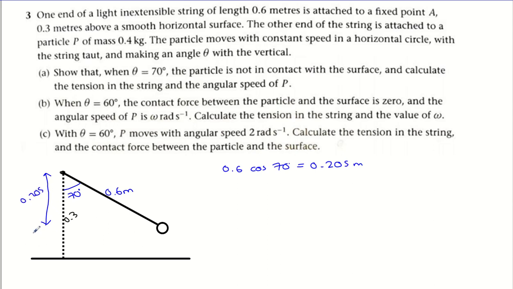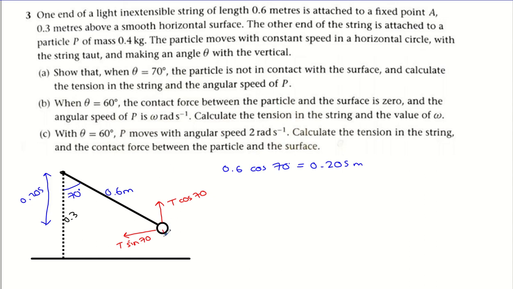So the string is doing all of the work, that means. And then like before, we've got our components for t. Remember, t is actually in the string itself. So we've got t cos 70 acting upwards and t sine 70 towards the center of the rotation. And it's really similar now, because the mass is 0.4.